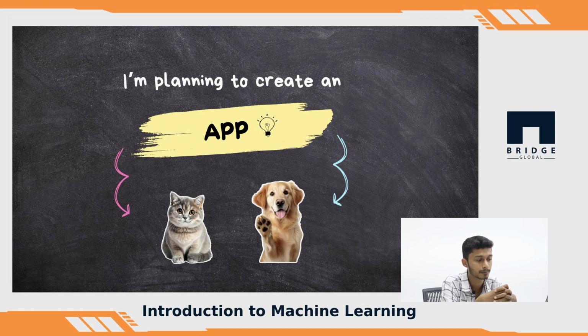I will give some images of animals, and the application has to tell me what kind of animal it is. In the beginning I will give an image of a cat, then a dog, and the application is going to scan that image and let me know whether this is a cat or a dog. This is my plan.